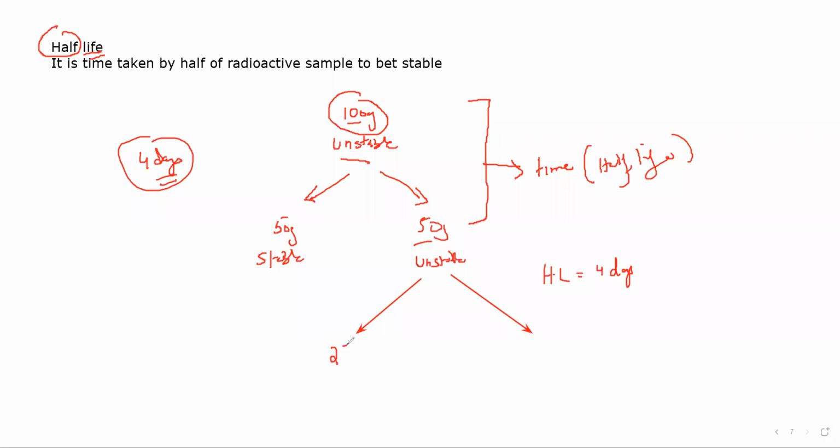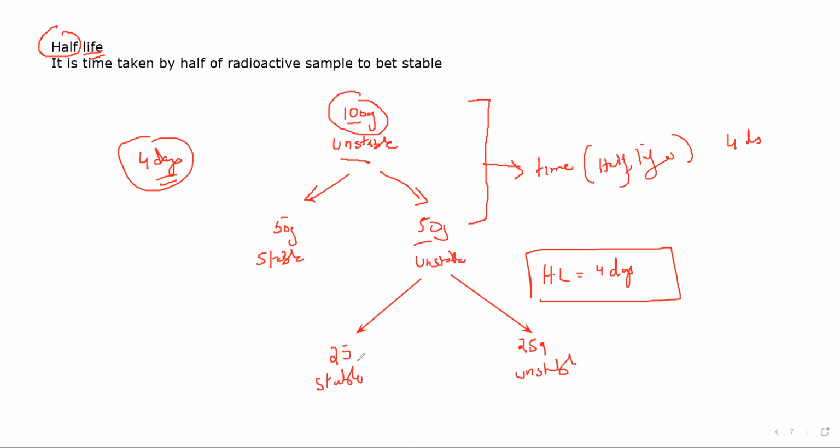So you will have 25 grams stable and 25 grams unstable. If the half-life of the sample is 4 days, every time it changes half of its original value, it will always take 4 days. So if 100 changes to 50 in 4 days, the 50 will change into 25 also in 4 days.